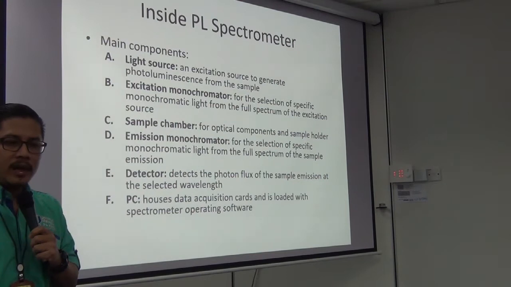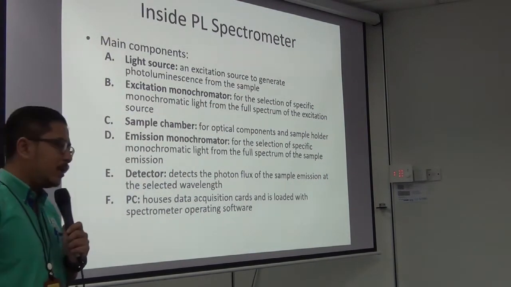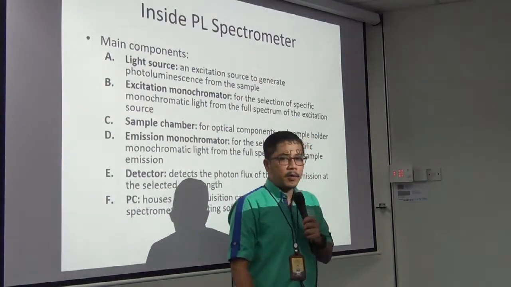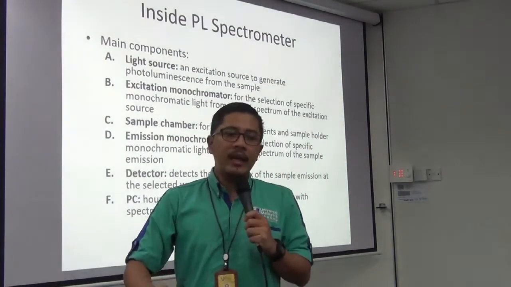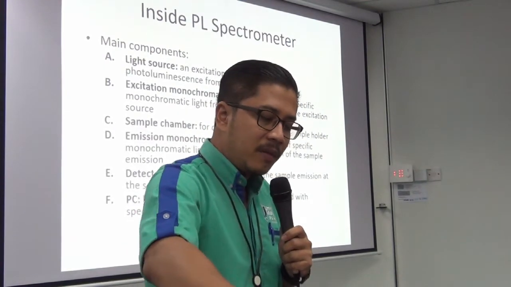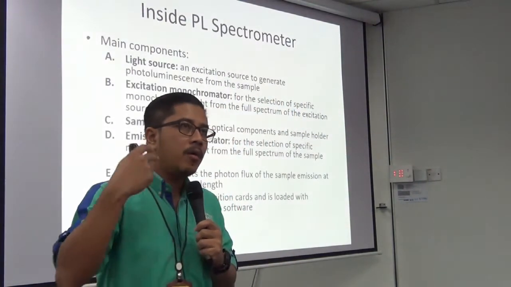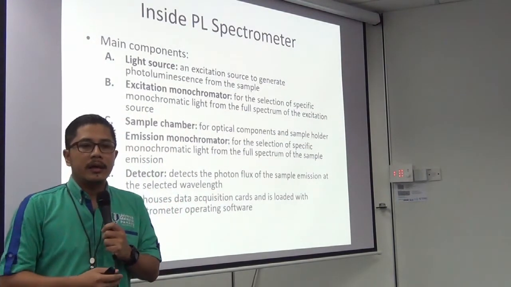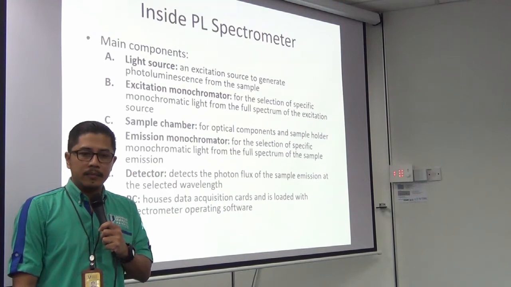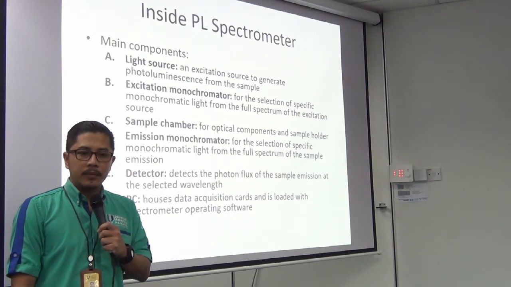Number two, the excitation monochromator. Similar to that of the absorption spectrometer, we need a monochromator to filter out any unnecessary light. So we need to be very specific, very discrete. We need to allow one wavelength at a time, so we need this filter, the monochromator.